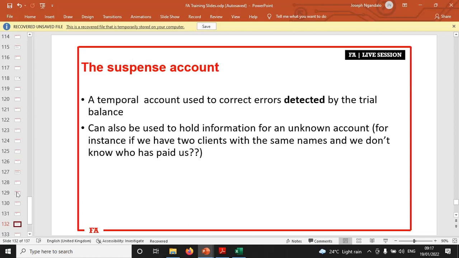Very important point. It is a temporal account, meaning it should not be included in your final accounts. Did you hear what I said? It should have been cleared by the time you're coming up with final accounts.